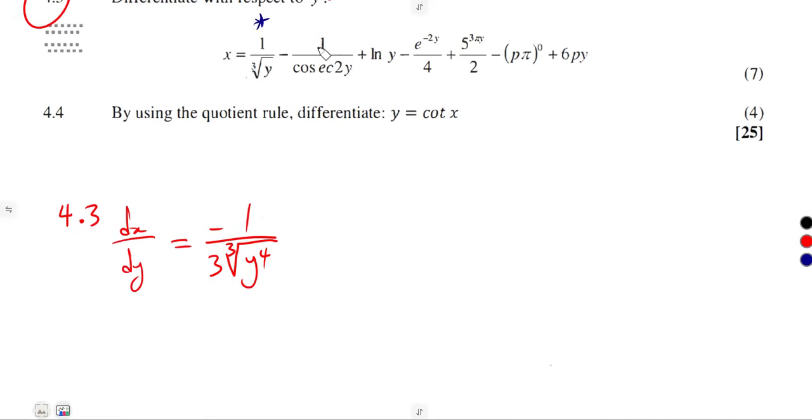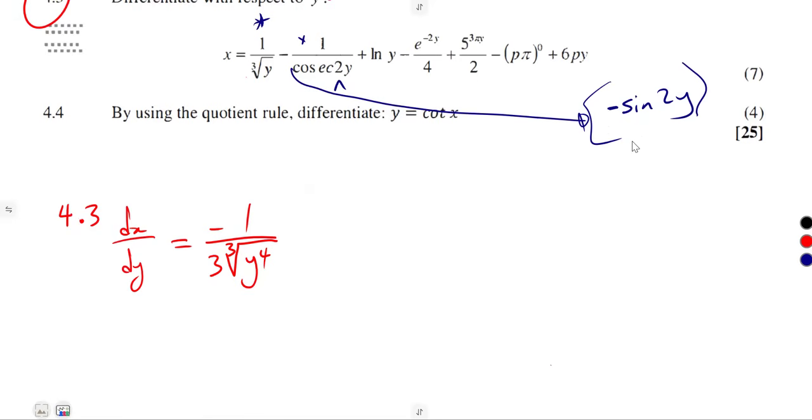All right. Moving on to the second one, that's a negative 1 over the cosec of 2y. So 1 over cosec is what? The sine. So it was going to be negative sine 2y, this one. Then we can differentiate. So remember, sine, guys, changes to a cos.